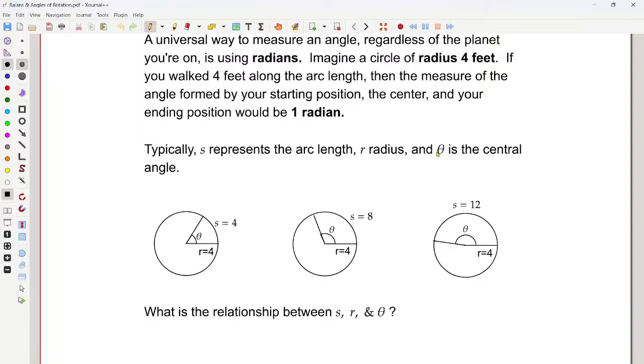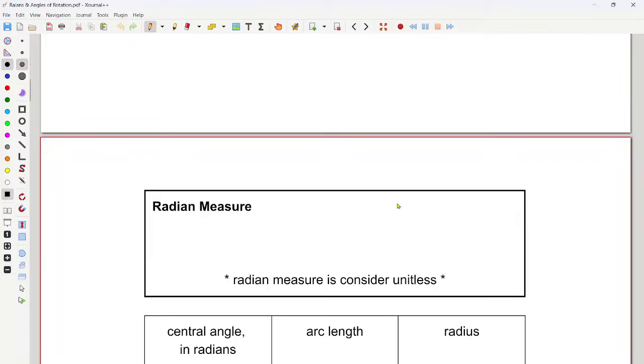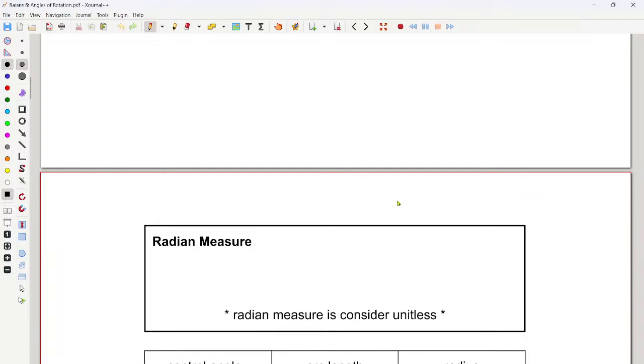And who came up with the formula for this? Did someone actually relate these? What is the radian measure formula? Or definition? Arc length. Arc length.